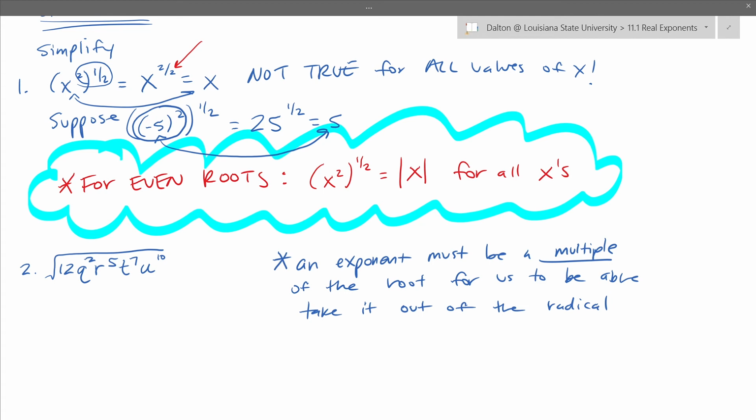And in doing so, you simply divide the power by the root. And that's what we were talking about earlier in one of our rules.